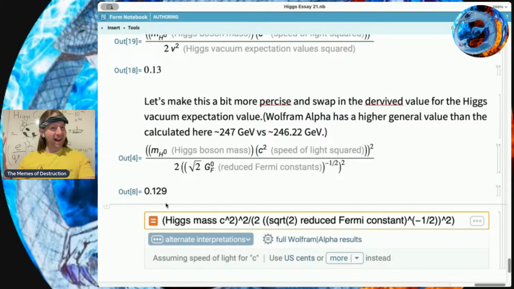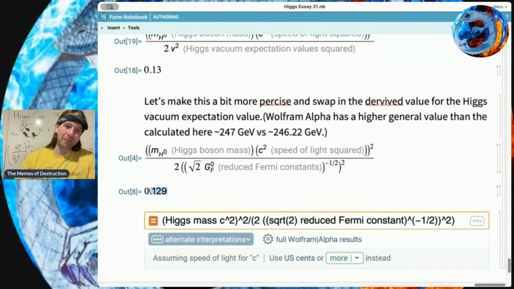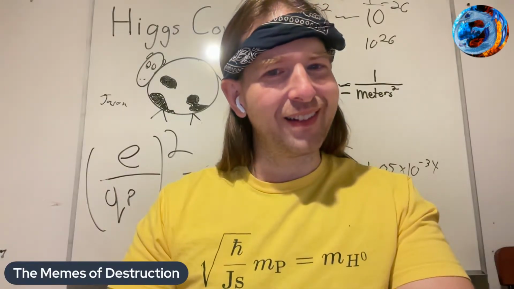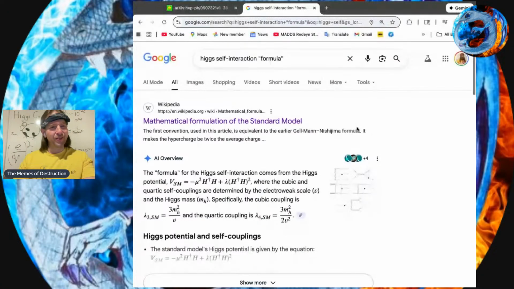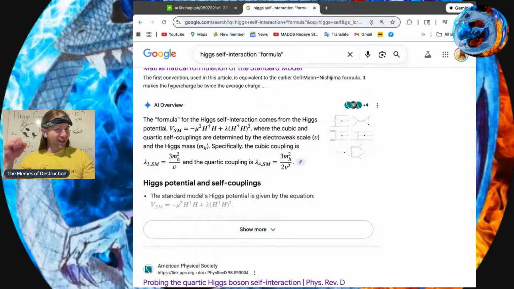Well, this isn't enough to calculate what, at least I would claim, the Higgs self interaction is. And to be fair, this is basically what we have with the standard model. Let me go over here and try to actually share this stuff, keep me focused and keep it a lot more interesting than just man in yellow shirt yelled at screen.